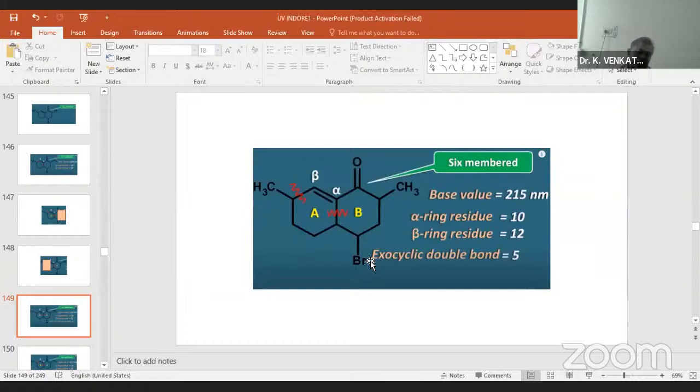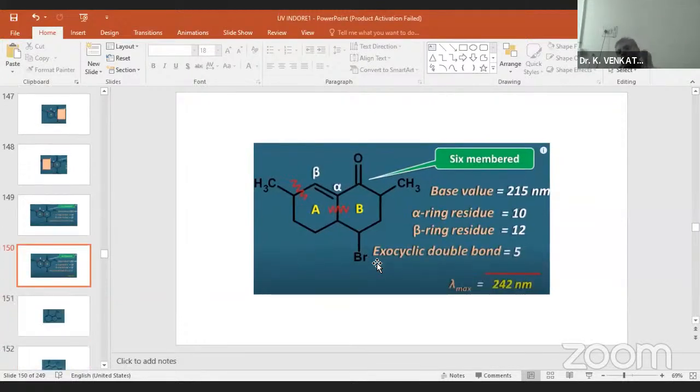Bromine is not disturbing, so that's why we cannot consider the bromine here. If bromine is present at the alpha, beta, or gamma position, that time we can consider it. Otherwise, we cannot consider bromine positions. So what is the value? 242 nanometers. Yes. Any doubt, ma'am? No, sir.